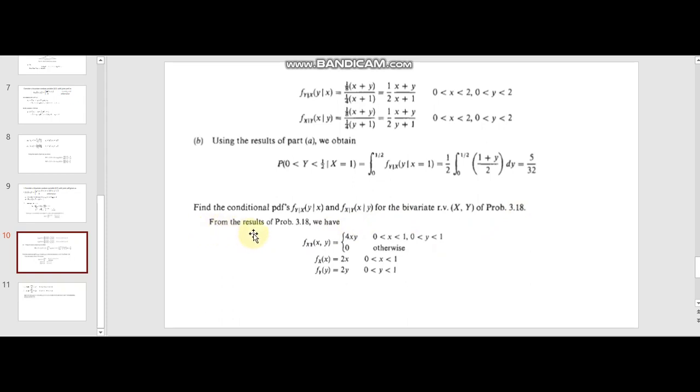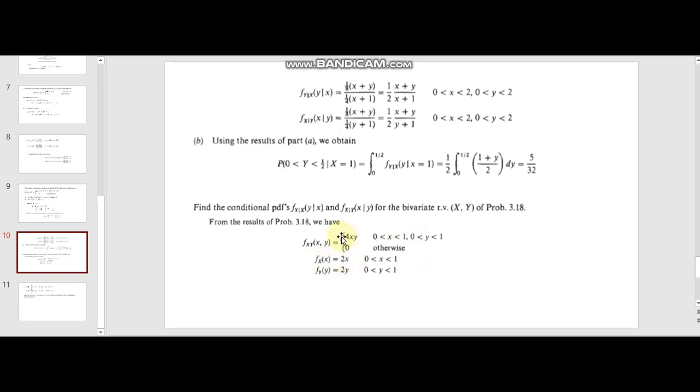In this problem, the joint pdf of x and y is equal to 4xy when x is greater than 0 and less than 1, and similarly y is greater than 0 and less than 1. Otherwise, it is 0.